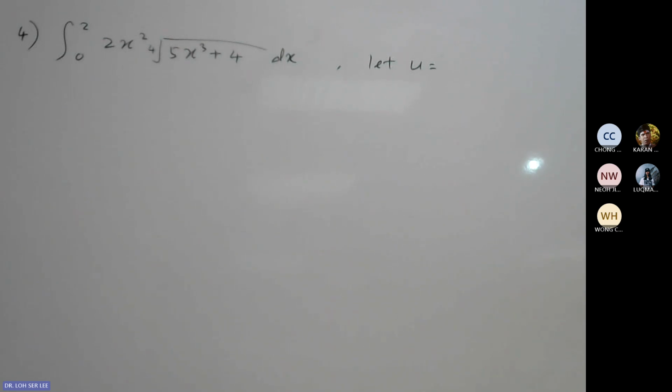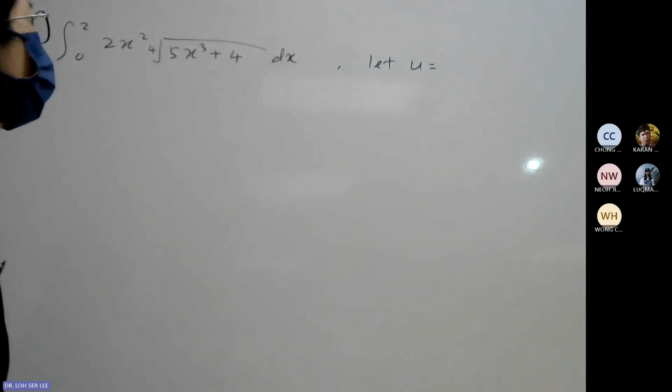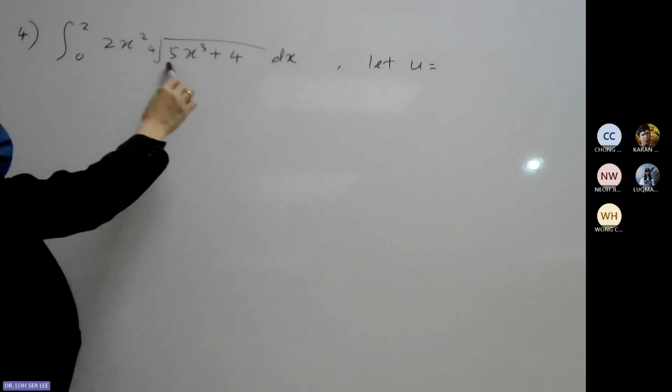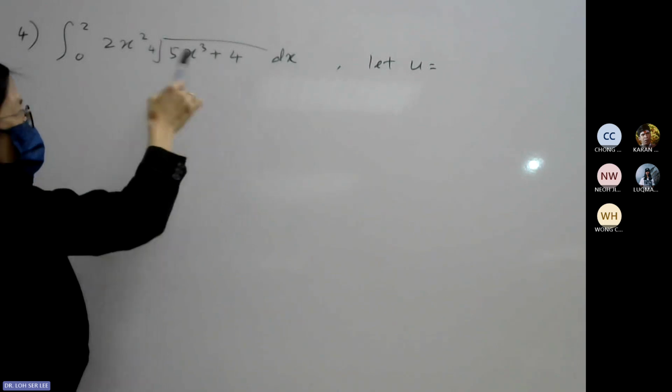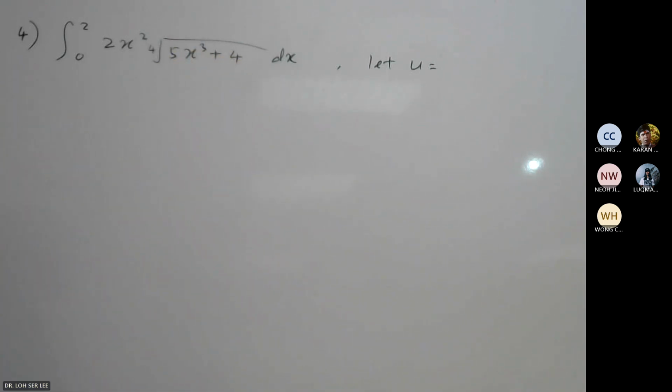Okay, what is your u? You can either choose 5x cubed plus 4 as your u, or you take this as your u. Either one.